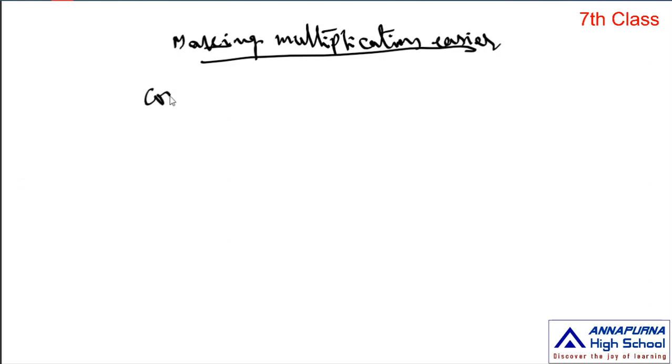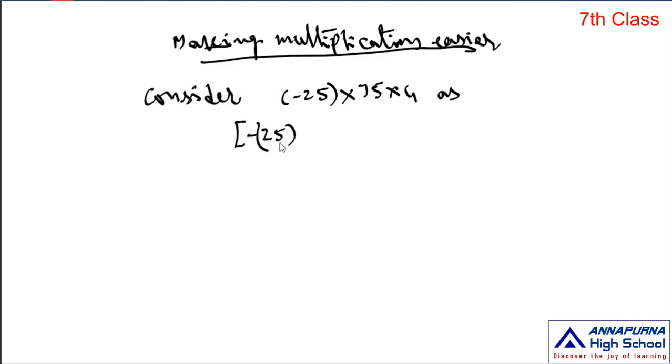Consider some integers, minus 25 into 75 into 4. We can find this product as minus 25 into 75, taking these two numbers first, and then into 4.